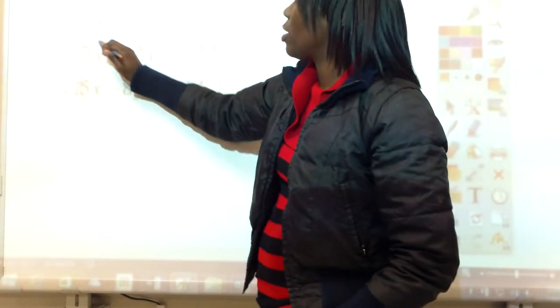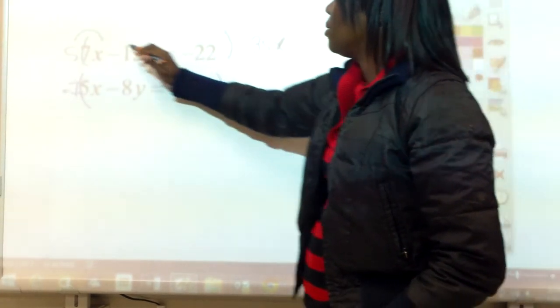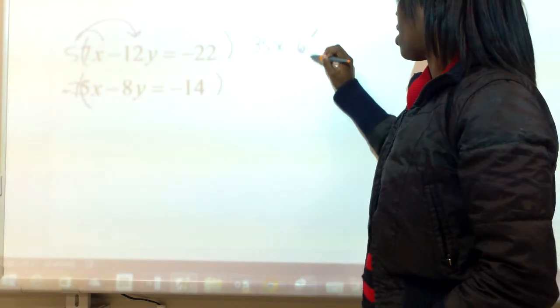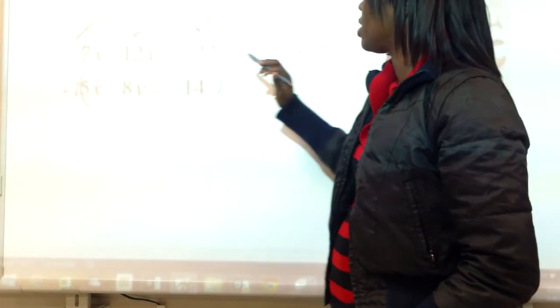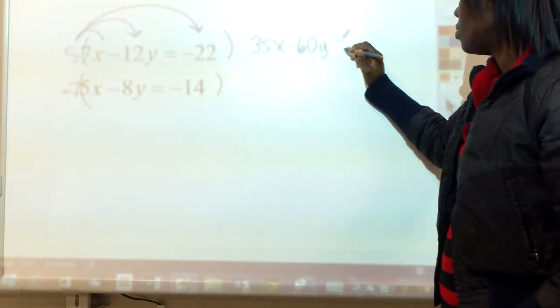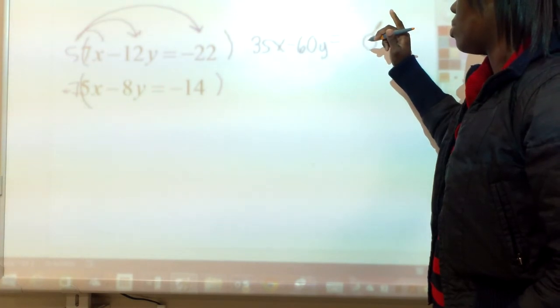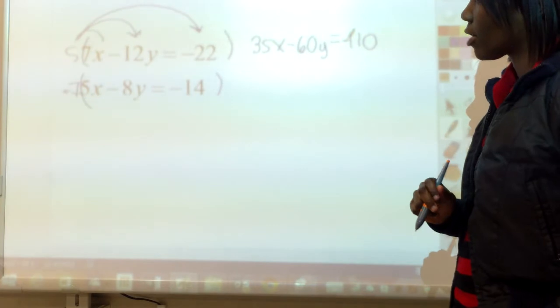So now when I distribute, I end up with 35x. Then 5 times negative 12 is going to be negative 60y. And then 5 times negative 22 is going to end up being negative 110.